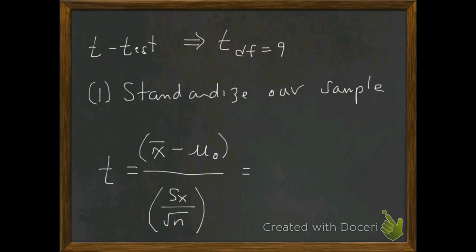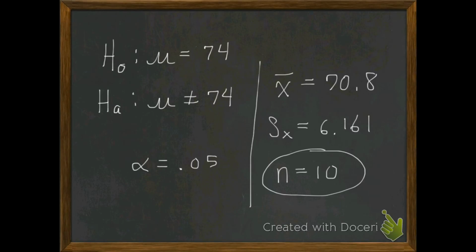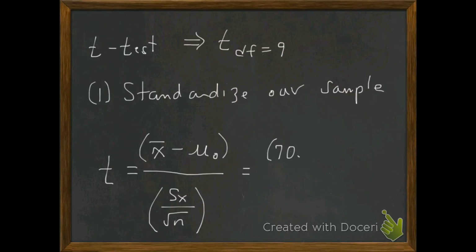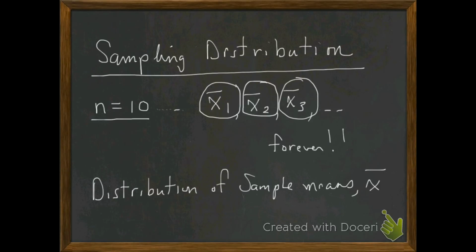So our calculation is going to be made by 70.8, and I think this is 6.161. That's easy to remember.